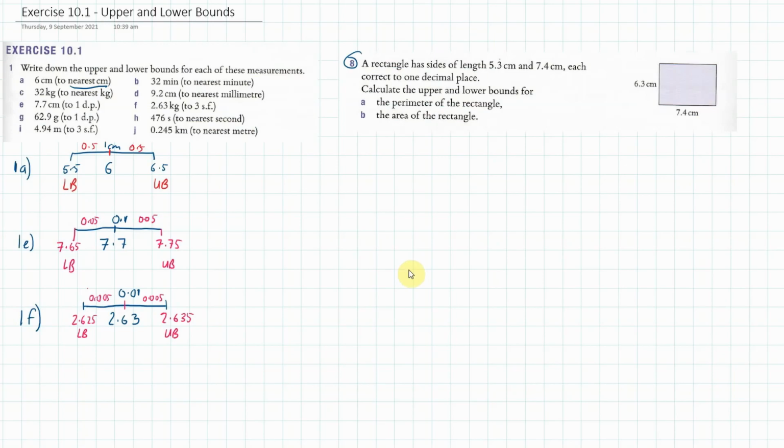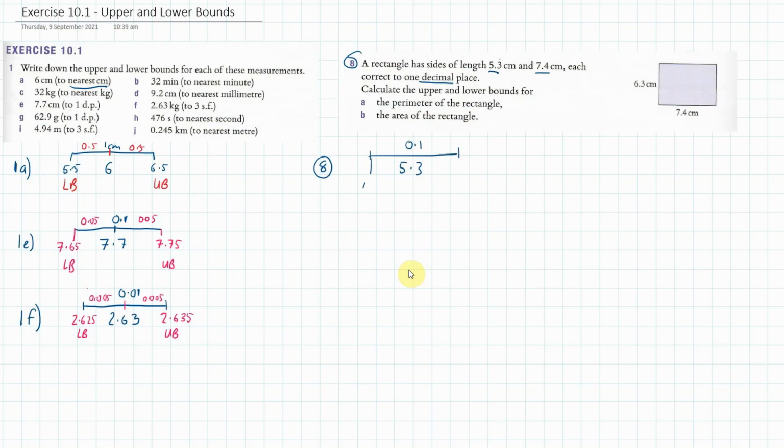Let's take a look at this number 8 here, which is a problem-solving example. We've got sides of 5.3 centimetres and 7.4 centimetres correct to 1 decimal place, and we've got to calculate the upper bounds for the perimeter of the rectangle and the area of the rectangle. Well, first of all, I'm going to take my 5.3 and do my upper and lower bounds. So again, it's 0.1, so we're going to halve that on each side.